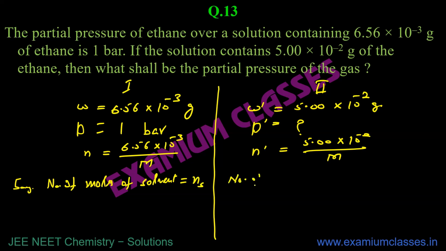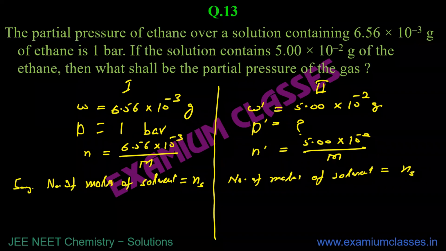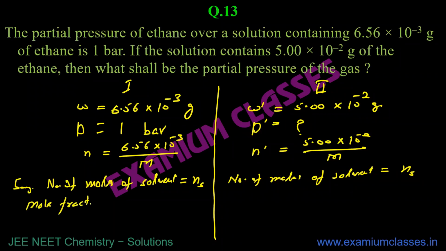Here also the number of moles of solvent is Ns, an approximation, because the amount of ethane is negligible, hence the number of moles of solvent is the same in both cases. So here the mole fraction is N by Ns, and here the mole fraction is N dash by Ns.